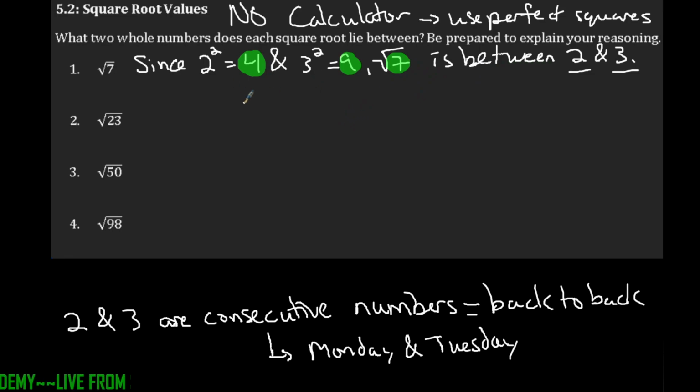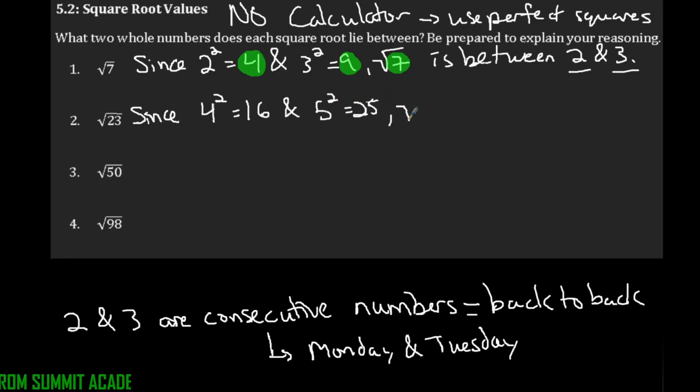Same kind of idea. Since 4 squared equals 16 and 5 squared equals 25, I know that the square root of 23, which is in between those two numbers, is between 4 and 5.